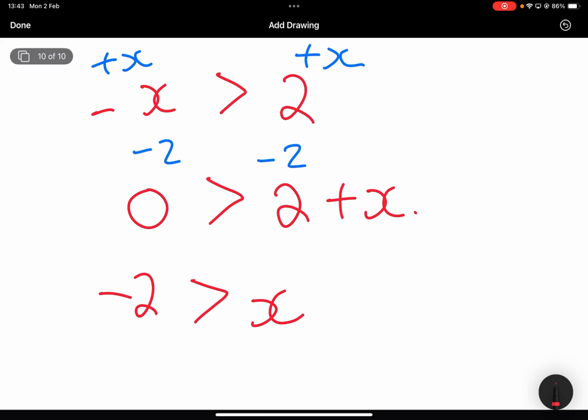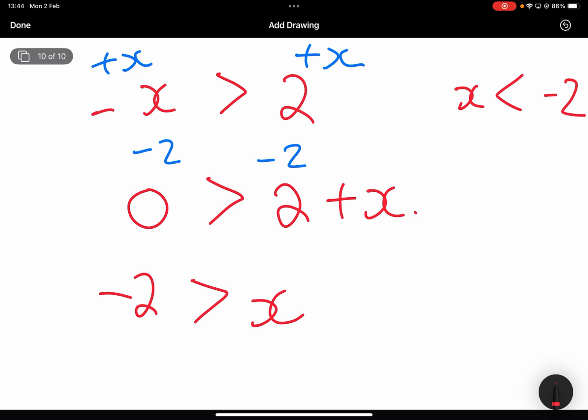I started with negative x larger than 2. If I were to divide by negative 1 on both sides, I will have x negative 2. And then I told you this larger than must change side. So why must it change side?